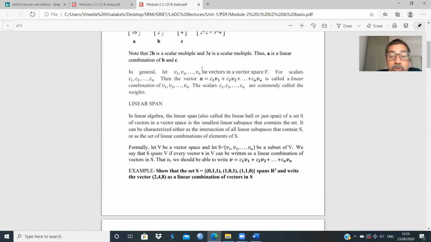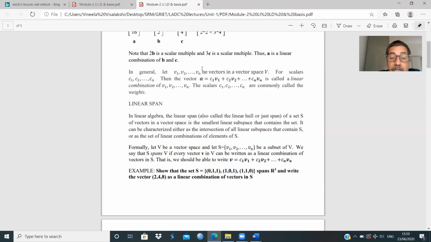Formally, let V be a vector space and S consist of the vectors v1, v2, etc. vn, which is a subset of V. We say that S spans V if any vector v can be written as a linear combination of the vectors in S. That is, we should be able to write any vector v in the space as c1 v1 plus c2 v2, etc. cn vn. Then we say that the set S is spanning the vector space V.